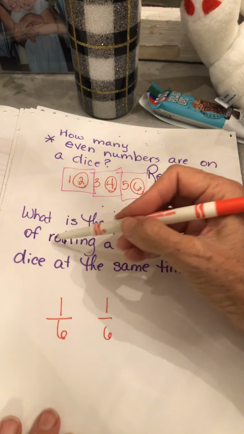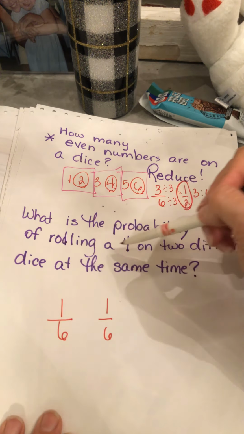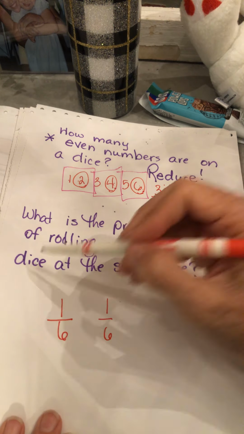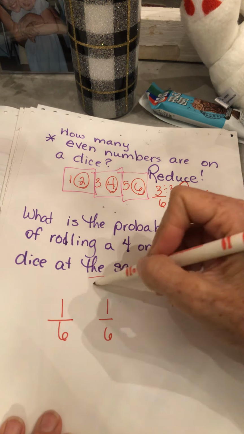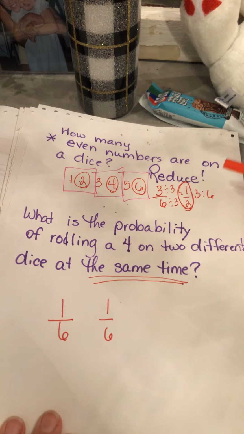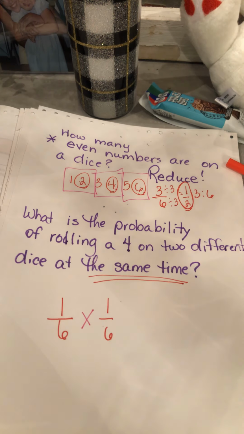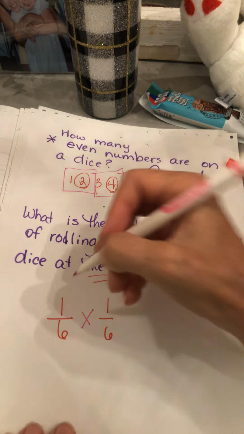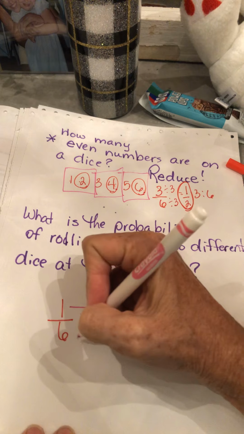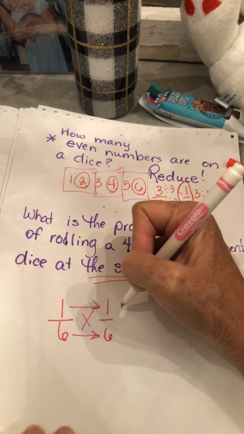Now, the question says, what's the probability of rolling a 4 on 2 different dice at the same time? Since it says at the same time, this is compound probability. And when it's compound probability, we multiply. When we multiply, if we can't reduce, we multiply straight across.